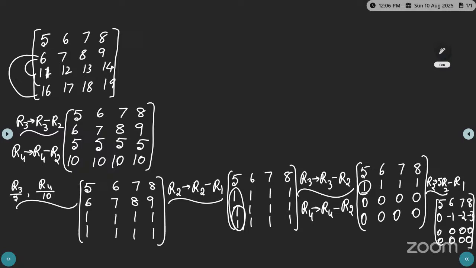Got it? So what is the rank now? The rank is 2.